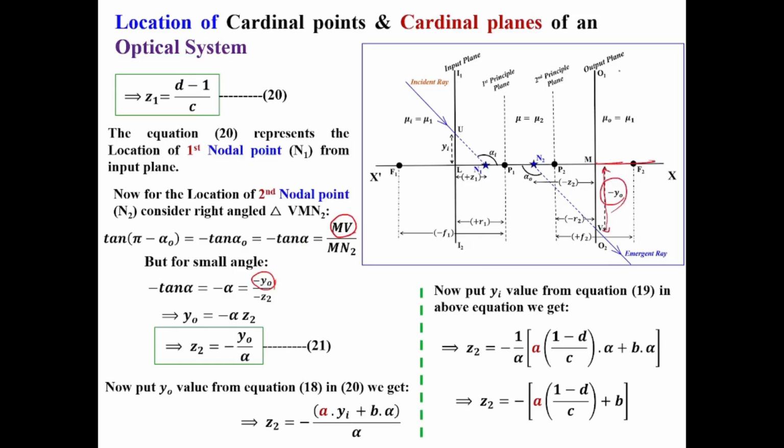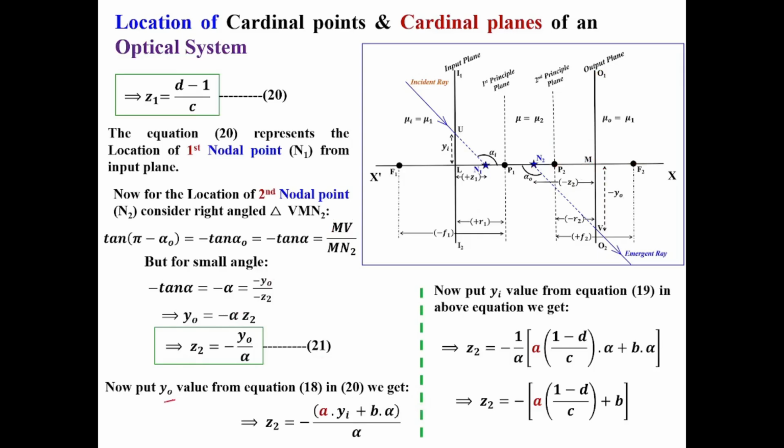From this output plane we consider this length towards the left, so obviously it will be considered as minus z2, right? So that implies yo equals minus alpha z2. That implies z2 equals minus yo by alpha. Let this be your equation number 21.